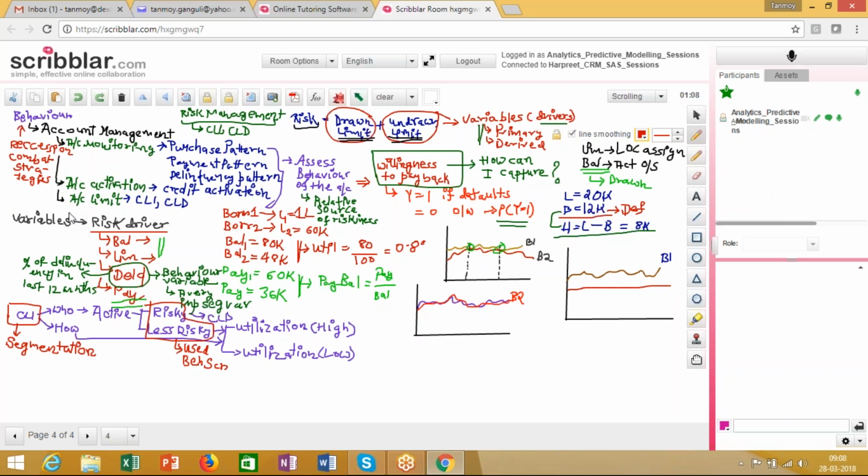Only the people with the highest behavior scores will get the credit limit increase, and in that way I'm channelizing the higher credit limit increases to the best possible borrowers, right?